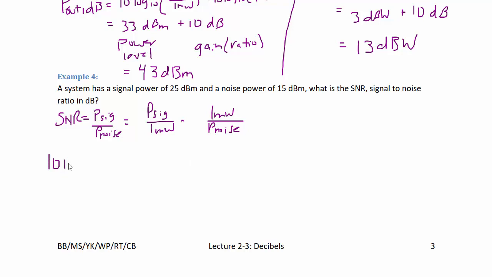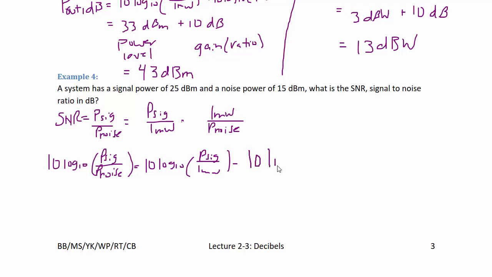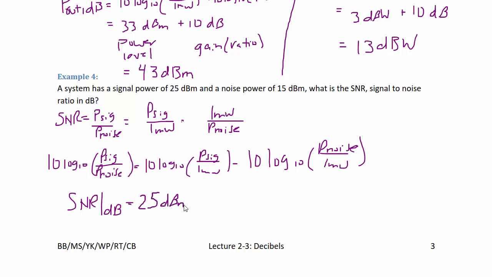So this becomes 10 log base 10 of the P sig over P noise, which equals 10 log base 10 of P sig with respect to 1 milliwatt minus 10 log base 10 of P noise with respect to 1 milliwatt, which equals a signal to noise ratio in decibels of 25 dBm minus 15 dBm.